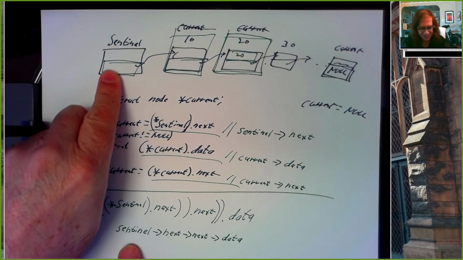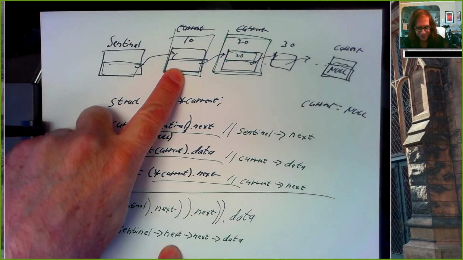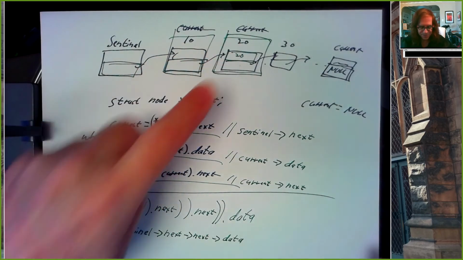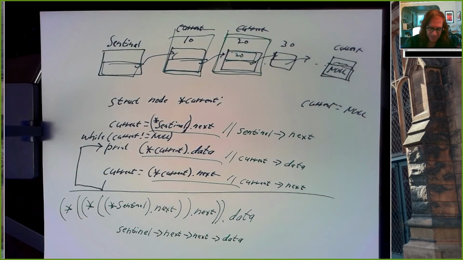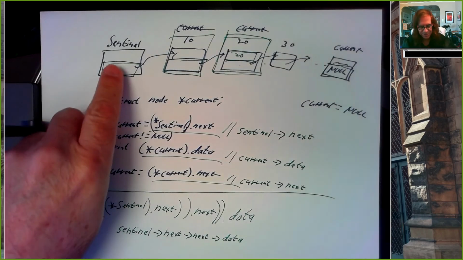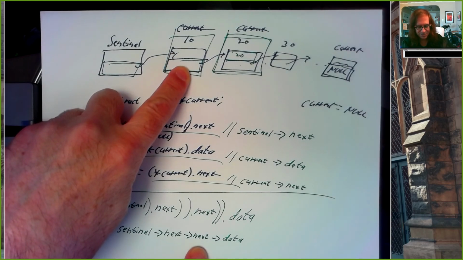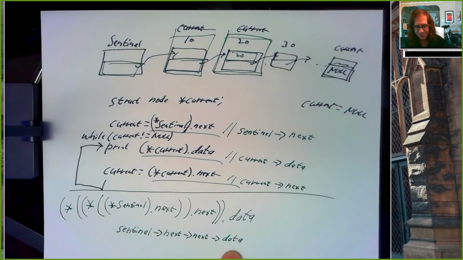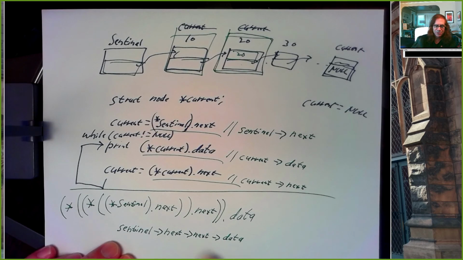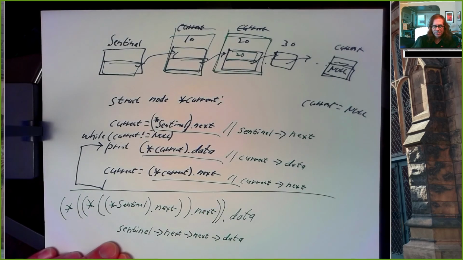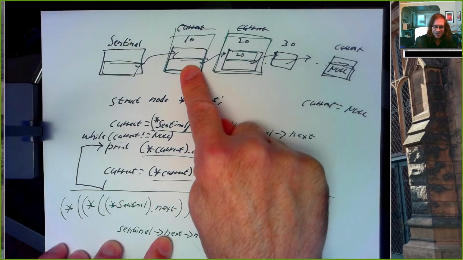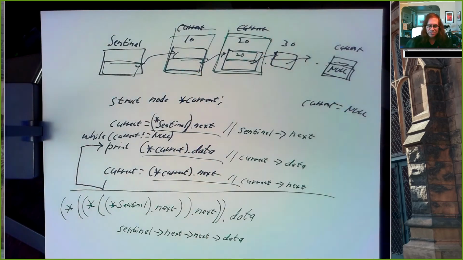So this says take sentinel, look at the thing it points to, take the next field, look at the thing it points to, take the next field. Oh, I did one too many. I'm actually getting to the 30. Start with sentinel, take the next field, which is this, take the next field of that. No, that's right. And then take the data field. It is a strong belief. So this reads a whole lot more naturally than this for most people, right? Sentinel next gets us here, next again gets us here, data gets us to the 20 field.